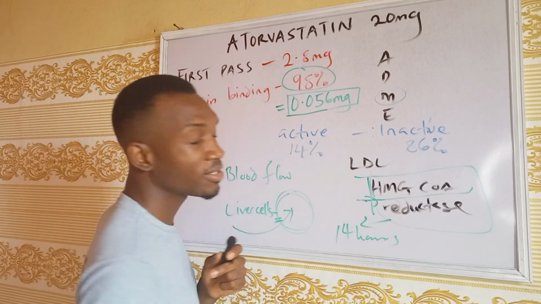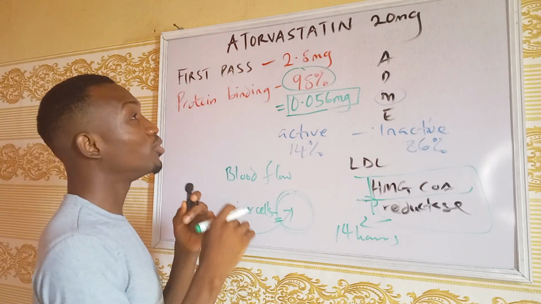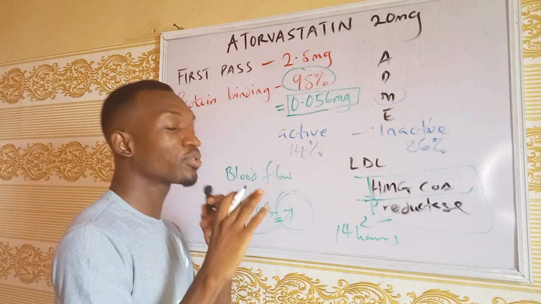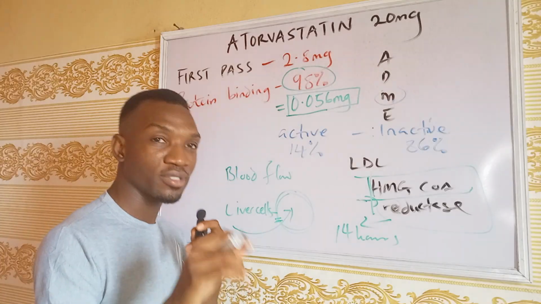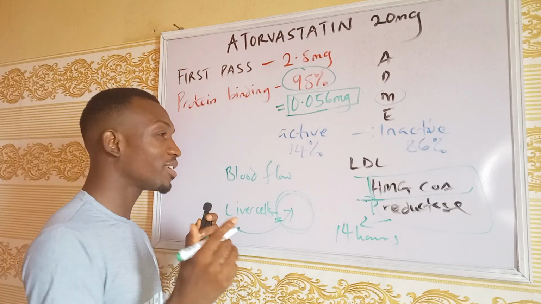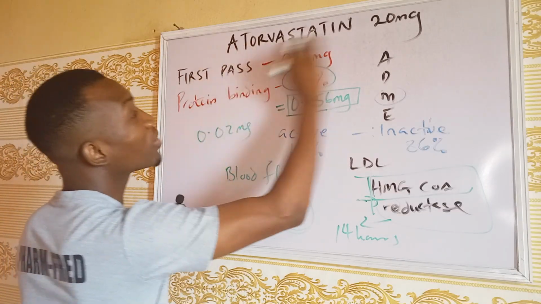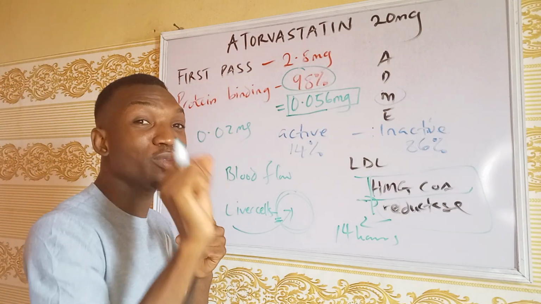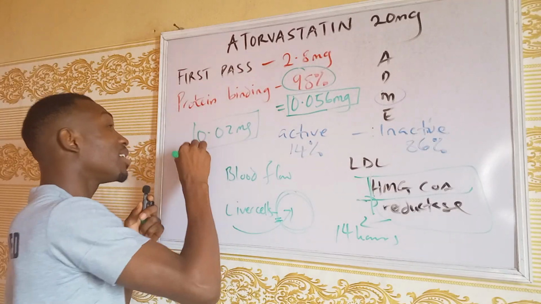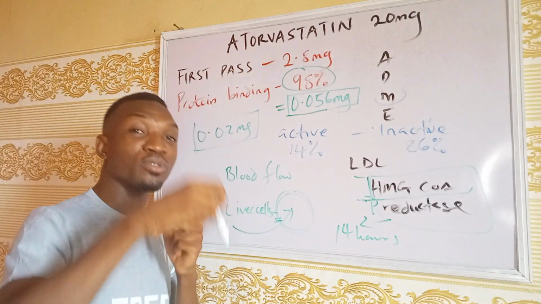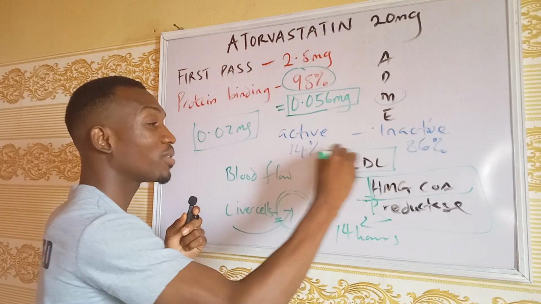So for that 14 hours, there is no production or there is reduced production of cholesterol. What am I trying to say? You might get like 0.02 milligram of the whole atorvastatin working every single time, and yet this amount is able to lower your cholesterol level, especially the LDL cholesterol.